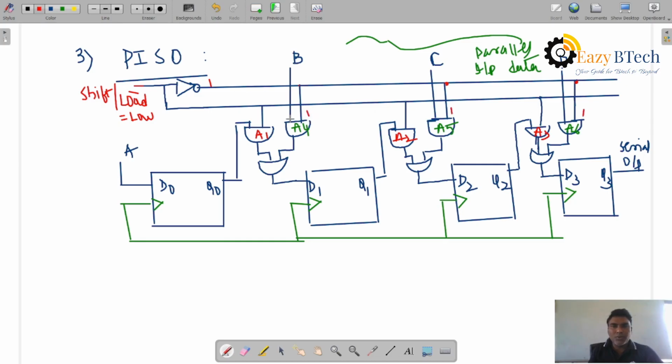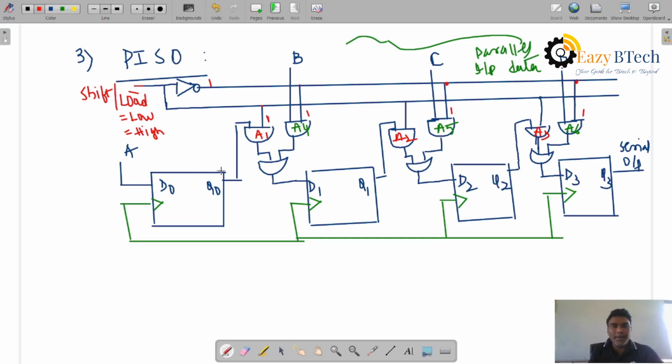It allows the parallel data. One indicates the terminal is on, then it takes the ABCD parallel input data. The next one, when it will be high, then this will be 1, and this will be 1.